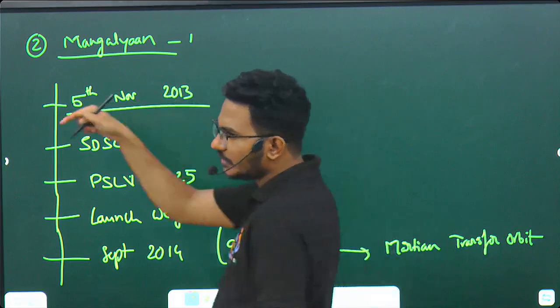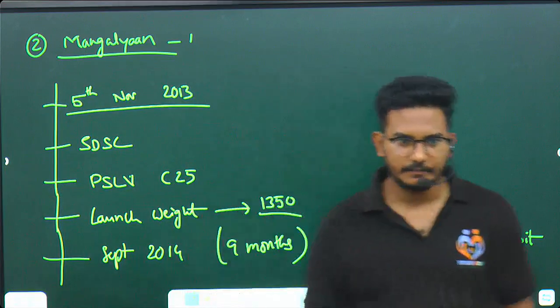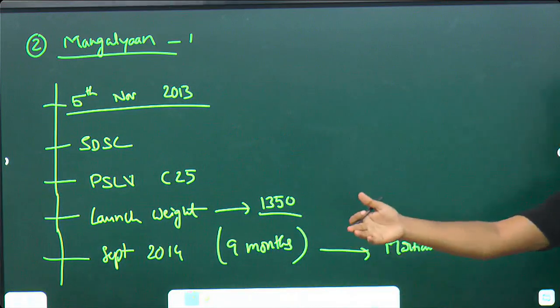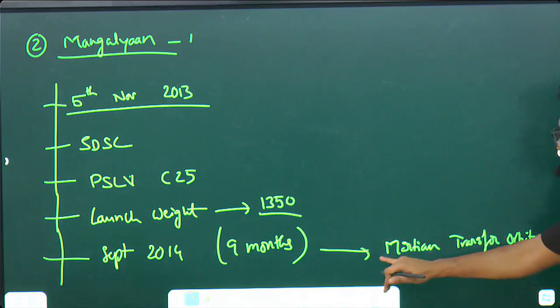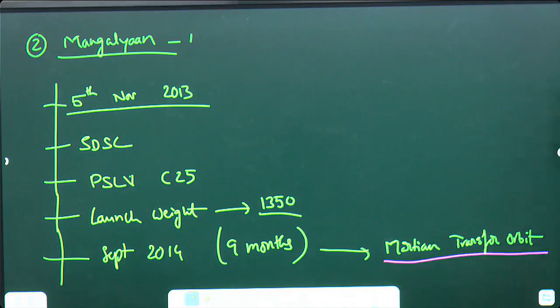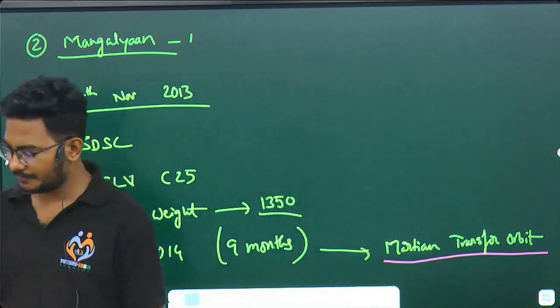Before, in Chandrayaan 1, we have seen just the moon's polar orbit, which means in the polar region it is rotating. But here we have given a name called Martian transfer orbit.